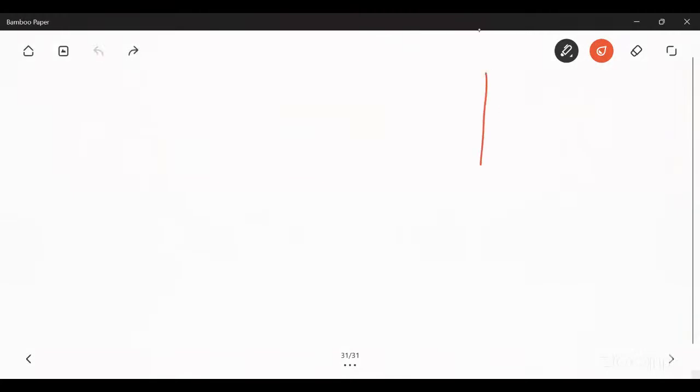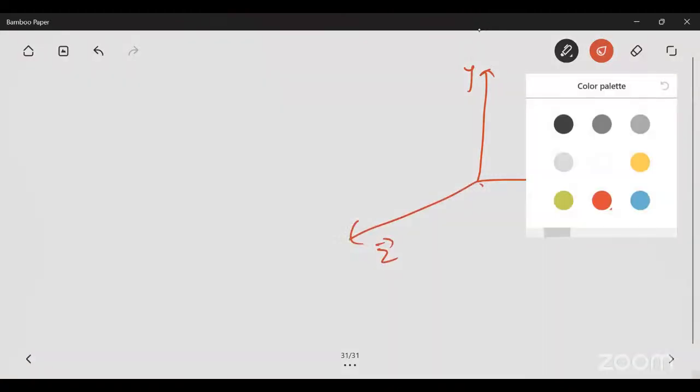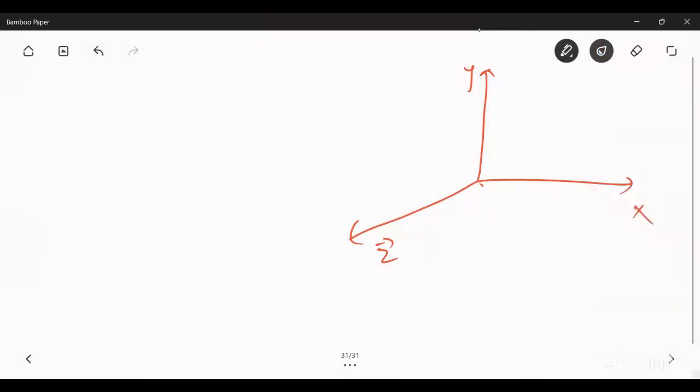Suppose that is your x-axis, that is the y-axis, that is the z-axis. Suppose a vector is there, P vector.